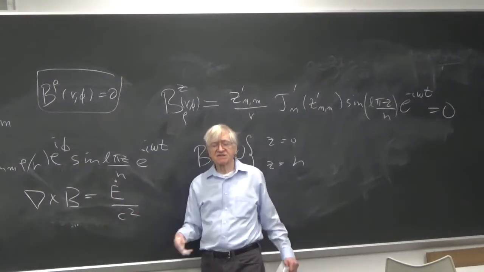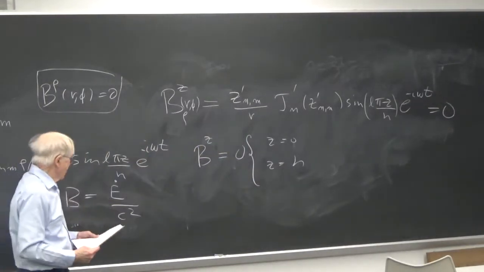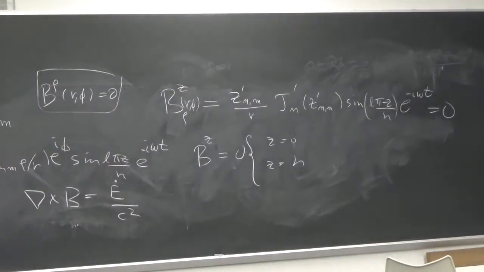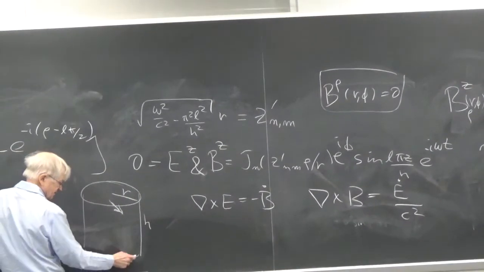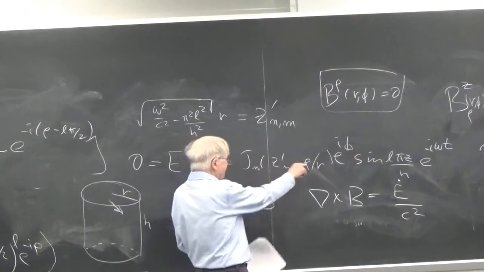And sine vanishes at 0 and at multiples of pi. So we've satisfied that condition, because the magnetic field has to vanish when it's perpendicular to the conducting surface. That is both at rho equal to R and at Z equal to H and Z equal to 0. And we verified that.